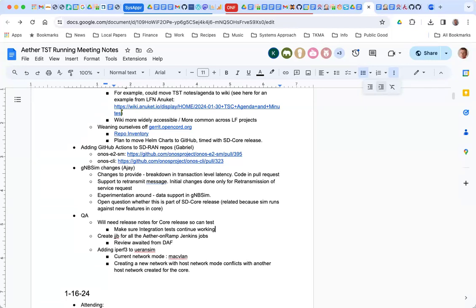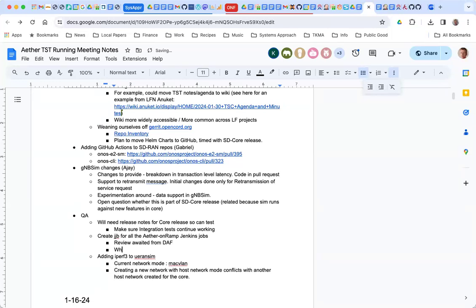So in the Ether CI management, for now, we are just adding JJBs for the Ether on ramp Jenkins jobs. So where are these JJB files? For now we are pushing them into Ether CI management, as we discussed in one of the TSTs. So I would like them to not go there.